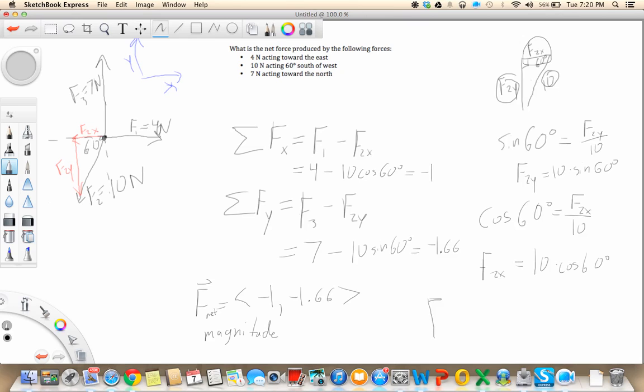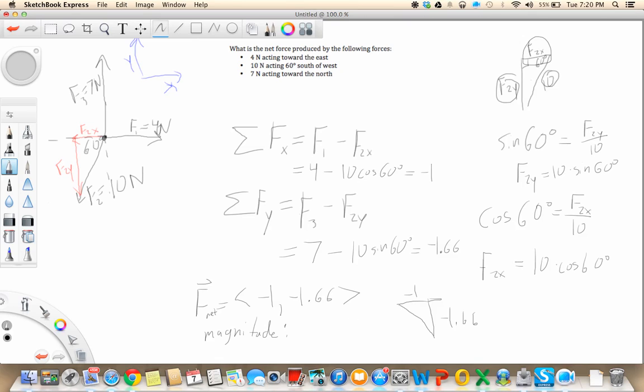Let's see, we're going to go -1 in the x direction, -1.66 in the y, and let's see, I'm not necessarily drawing this the correct way. I'm just going to make any triangle though, because my goal is to find the length of the hypotenuse. I'm not going to care about direction when I'm talking about magnitude.